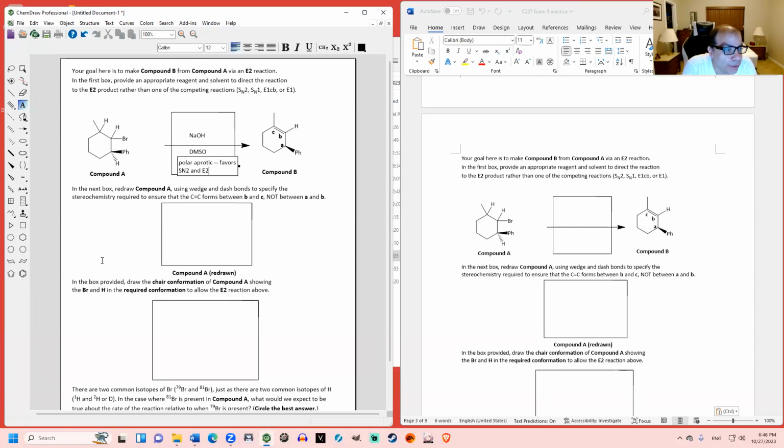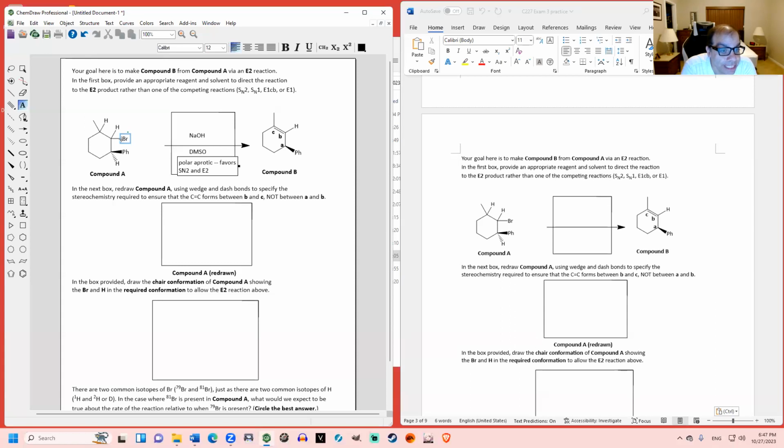Now, in the next box, redraw compound A using wedge and dash bonds to specify the stereochemistry required to ensure that the carbon-carbon double bond forms between B and C, not between A and B. And you can see the legend over here. So that means we want the bromine to be trans to this hydrogen.